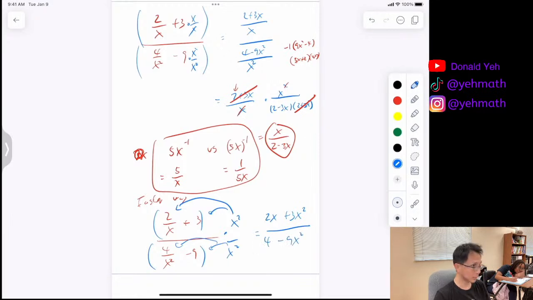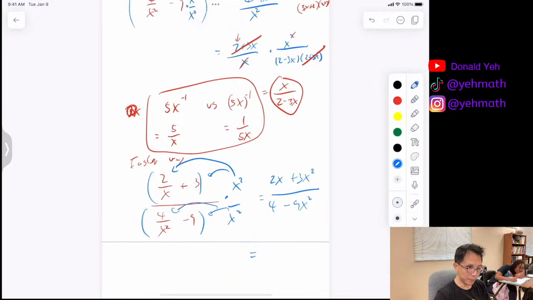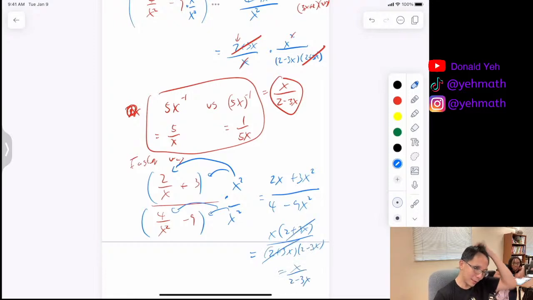Do you see that? And what can you factor on the top? And what can you factor on the bottom? That's for me. This is also a very cool way to do questions.